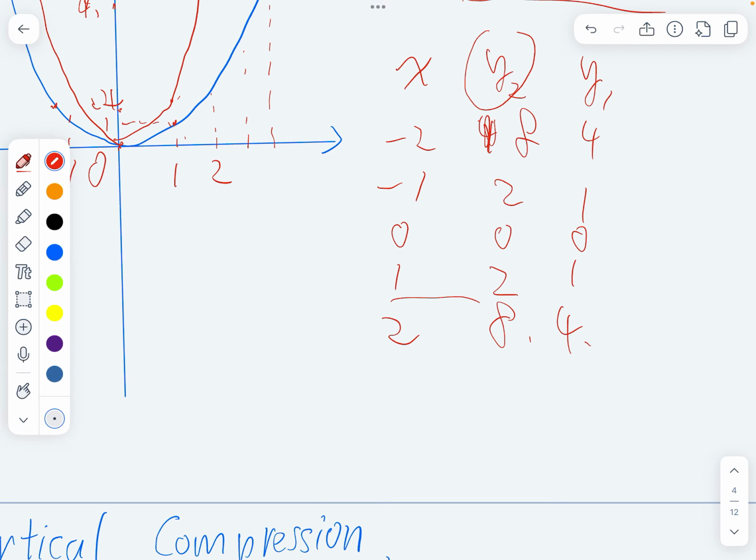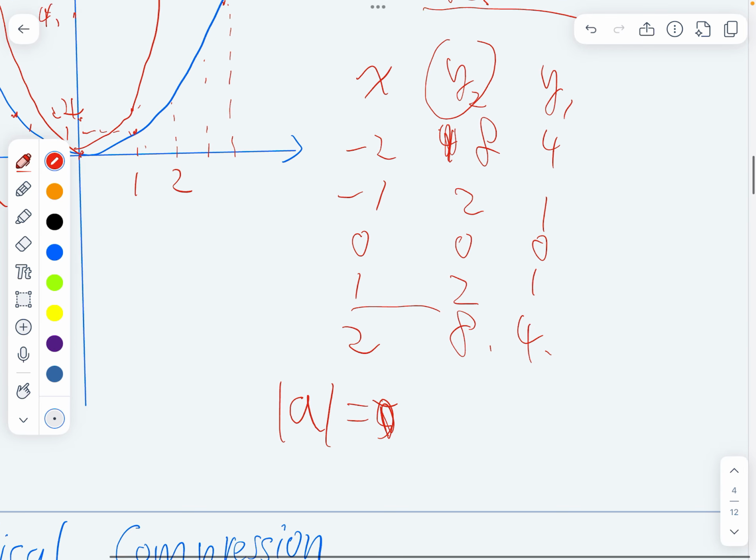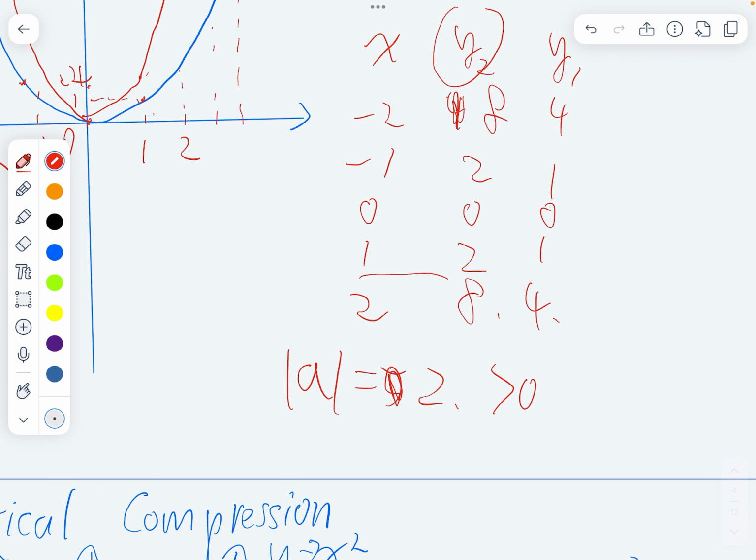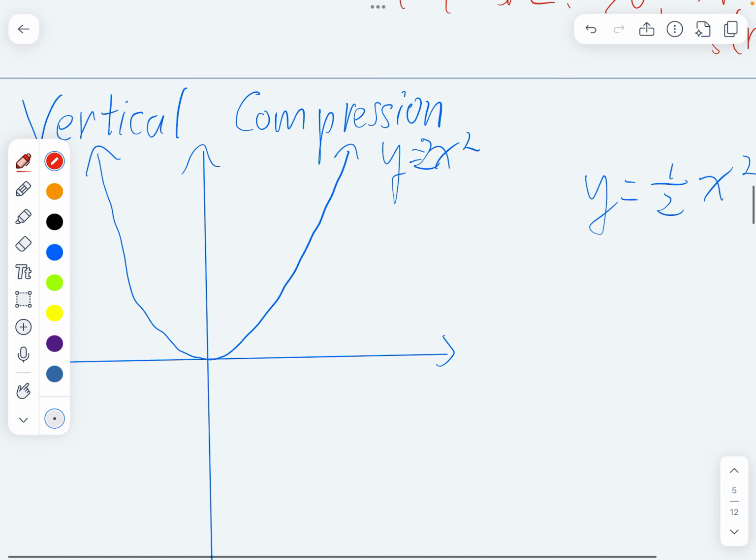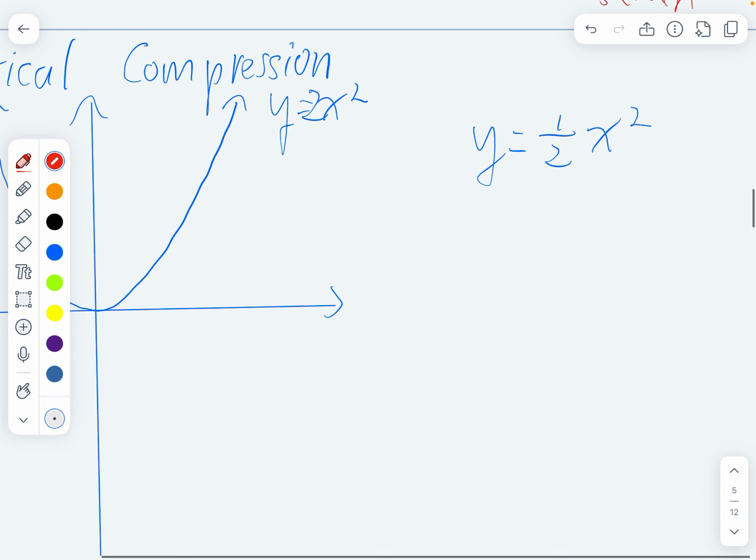So how do we know that? If we take the absolute value of a, and a equals 2, which is greater than 1, we can know that it is a vertical stretch. Understand? Okay, the next one is called the vertical compression. We already have the same setup.